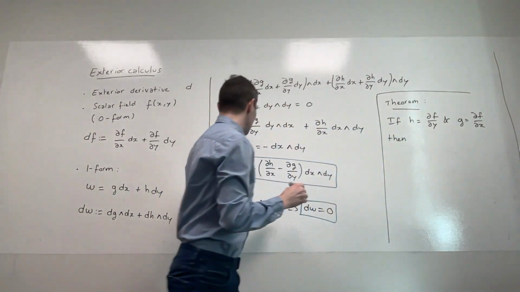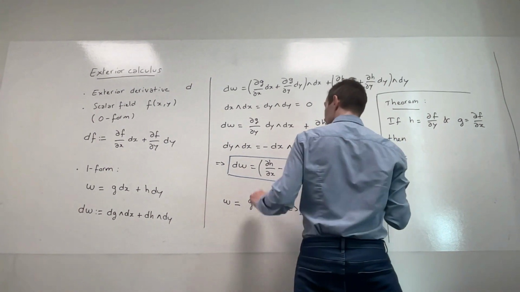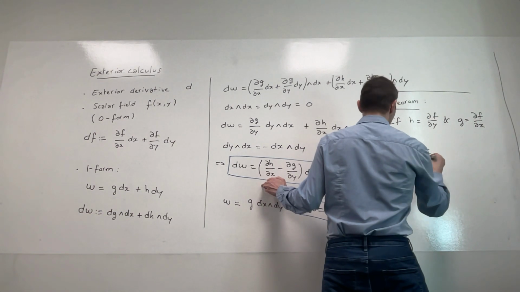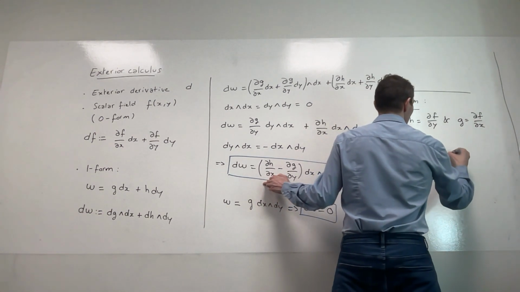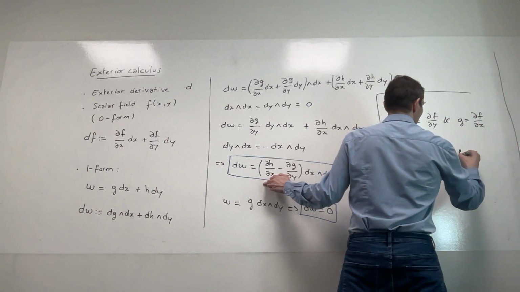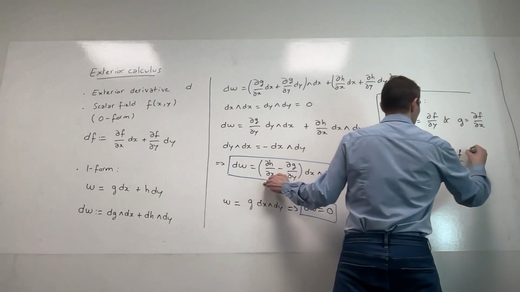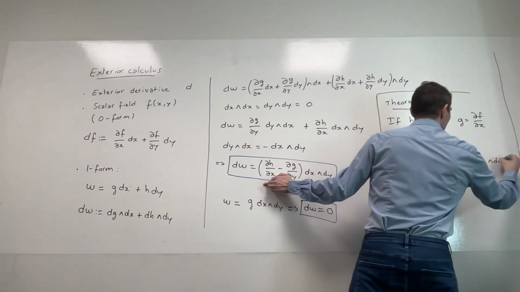we find that we are going to get d omega is equal to the second derivative of f with respect to x, y, minus the second derivative of f with respect to y, x, and then dx, dy. Okay?